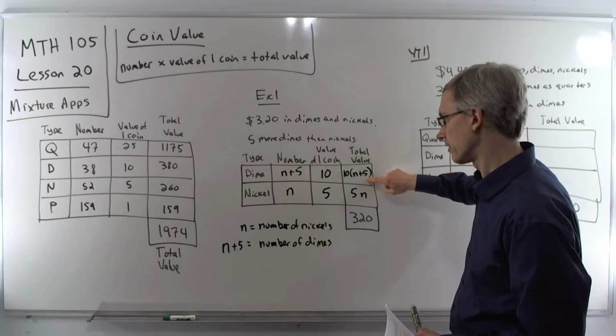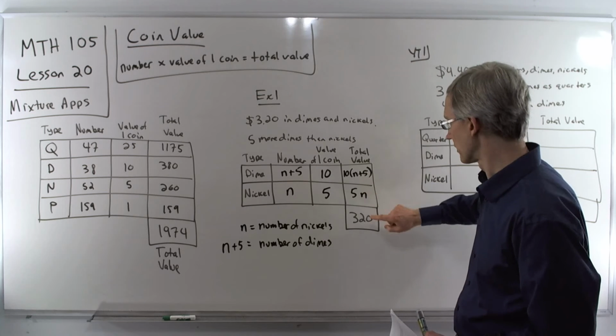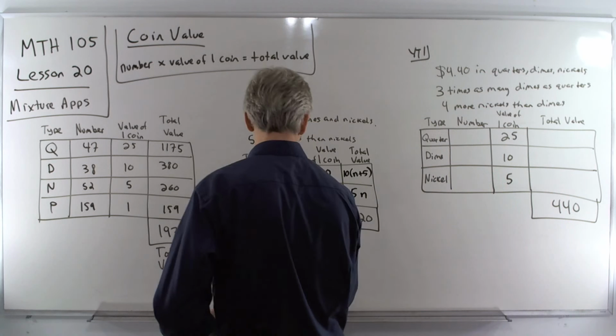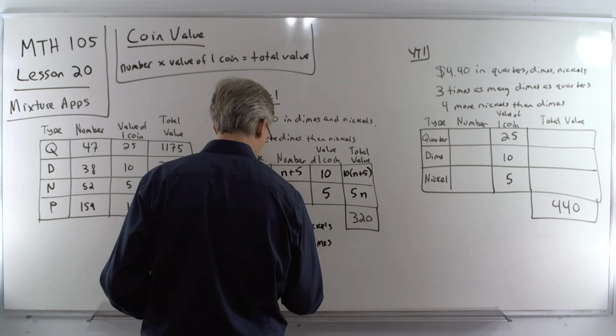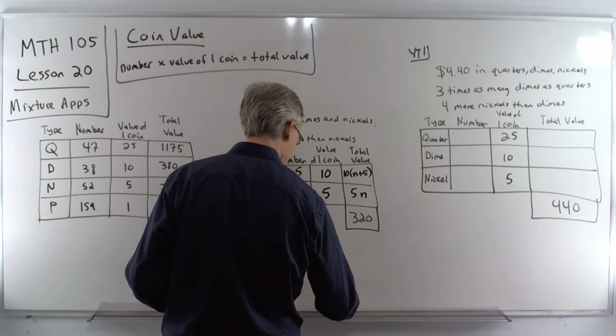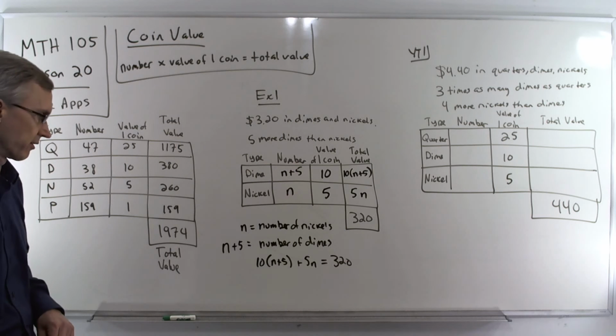Because this is the total value of all the dimes, and this is the total value of all the nickels. Add those together, we get the total value of all the coins. So we get 10 times n plus 5, plus 5n, equals 320. And there's the equation we can solve.